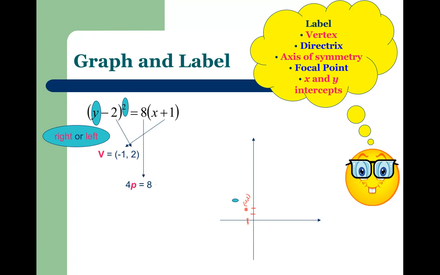Oh, sorry. 8, well, that's 4p equals 8. Since 4p is positive, we now know that it's going to be opening to the right. So to get from my vertex to my focus, I'm going to have to go to the right. The focus is going to be inside the parabola. So p is 2, so that means I'm going to go 2 to the right to get to it.